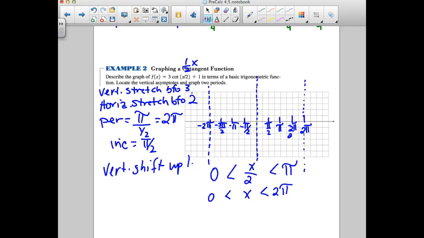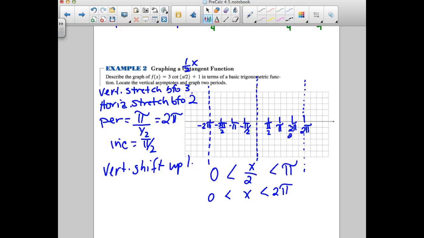Cotangent normally starts where? In terms of my graph, if I'm graphing my points, my first point is high and then low? High, 0, low? Okay. We have 2 things happening here. We have stretched it vertically, so when we put our dots in, instead of thinking 1s and -1s, we're going to think 3s and -3s.